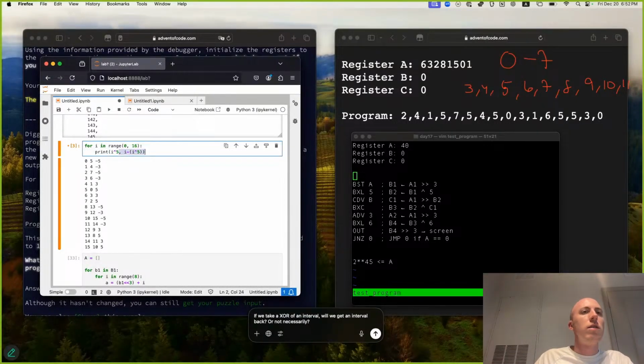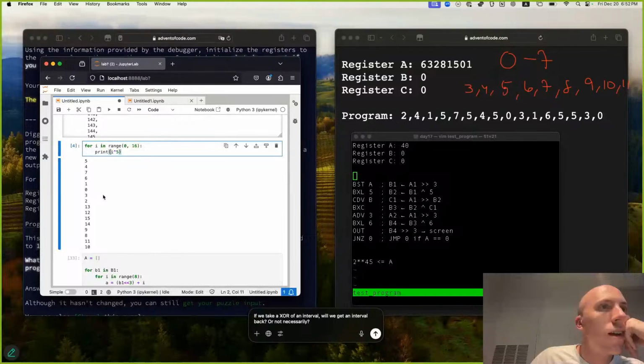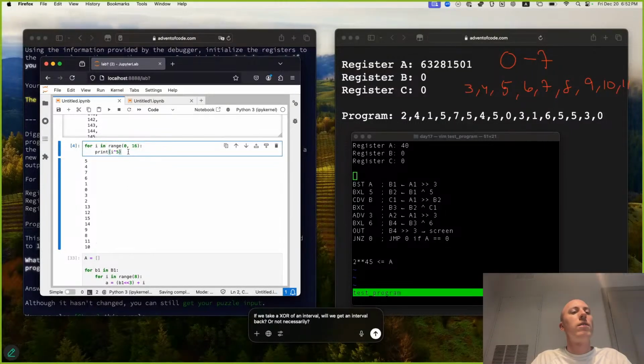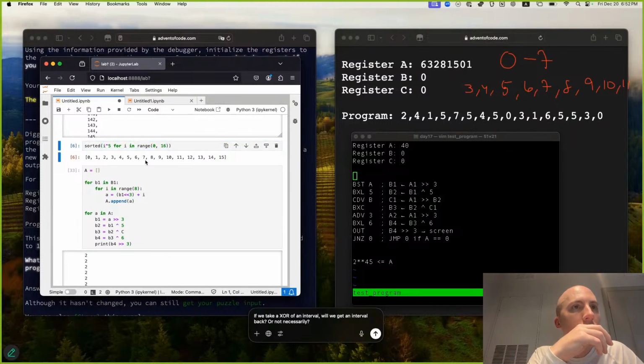So let's just see if there's no duplicates. It spans the whole thing.